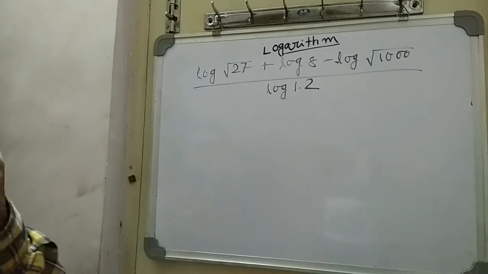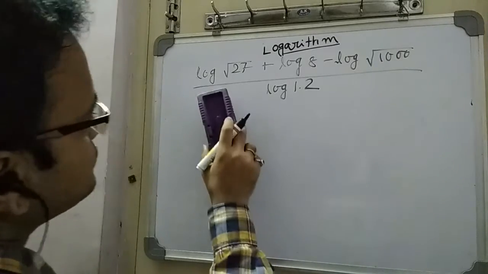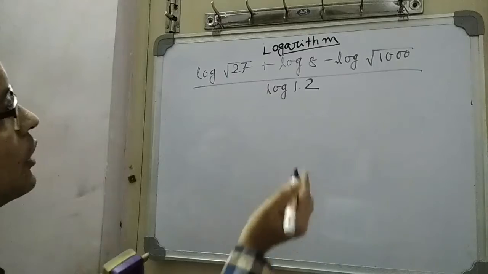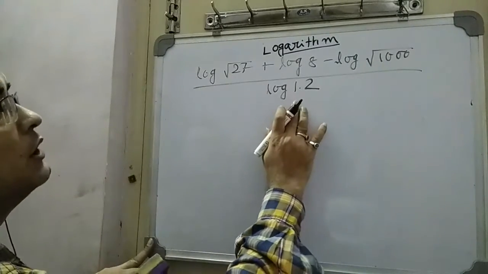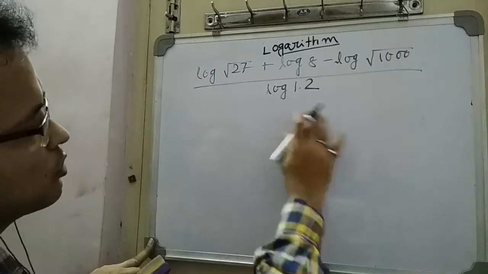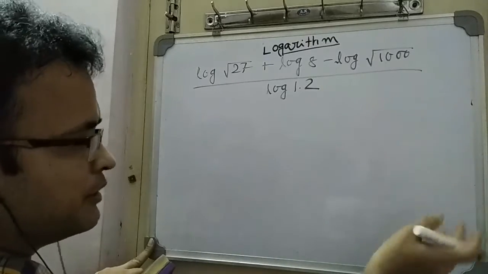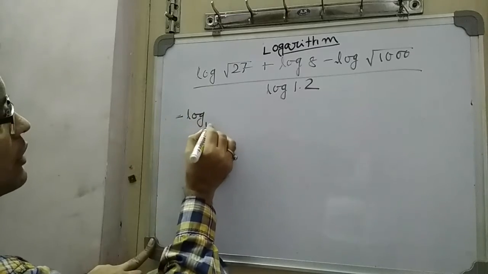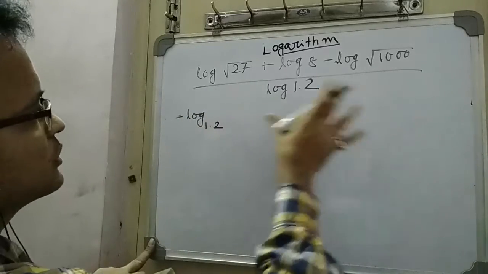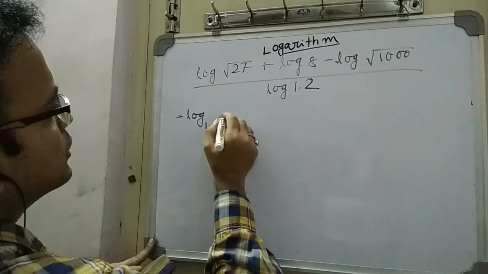Now this is the next problem where you need to simplify. So I have to simplify this one, then I will divide this. So as we know, log a by log b equal to log a base b. So for the time being, I will write it as a base of the whole numerator.